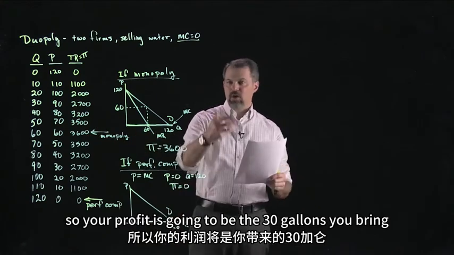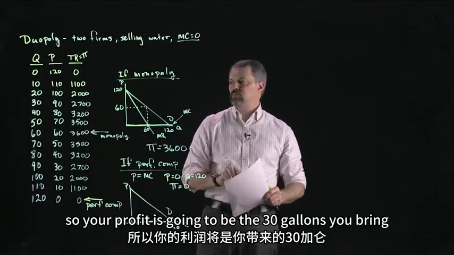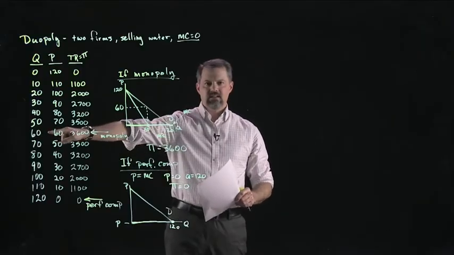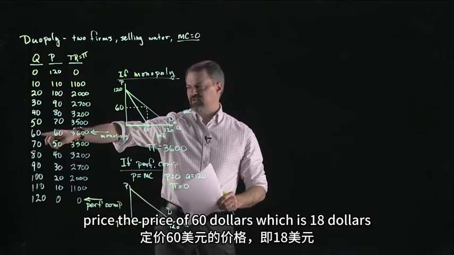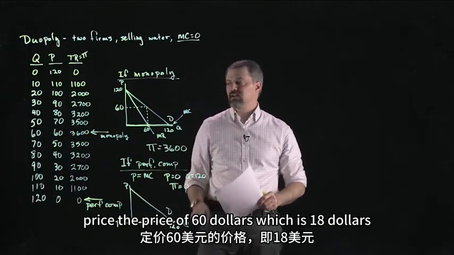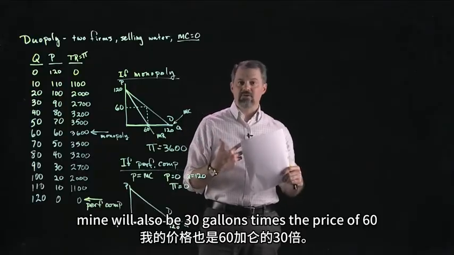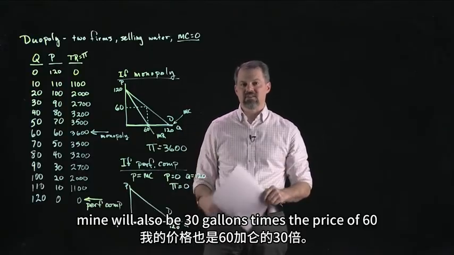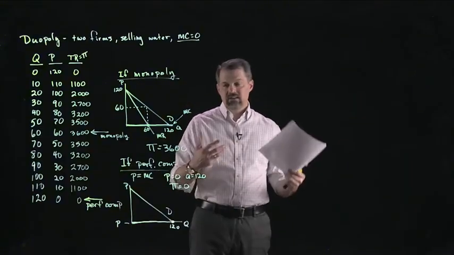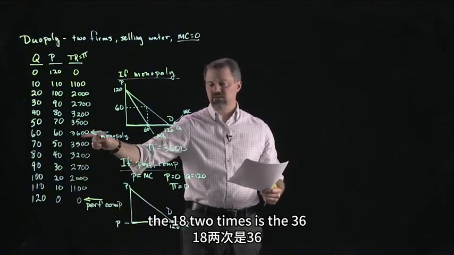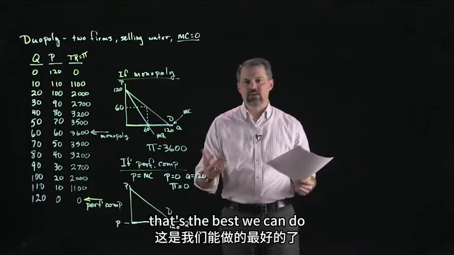So your profit is going to be the 30 gallons you bring times the price of $60, which is $1,800. Mine will also be 30 gallons times the price of 60, which is $1,800. The 1,800 two times is the 3,600. That's the best we can do.